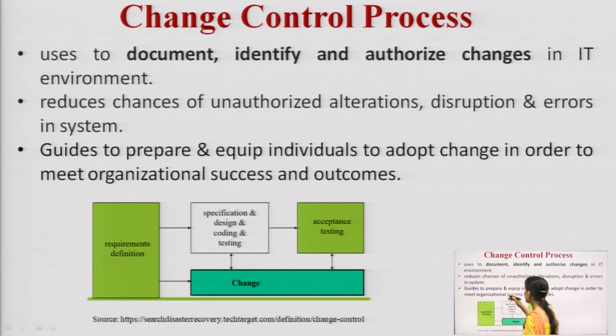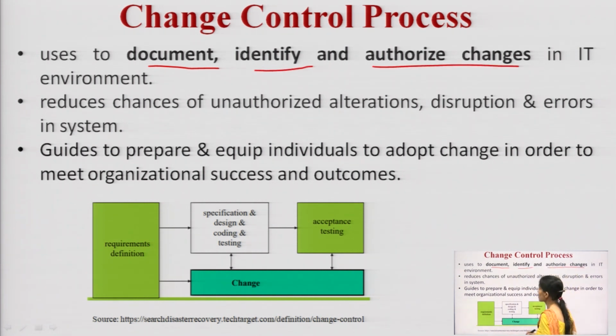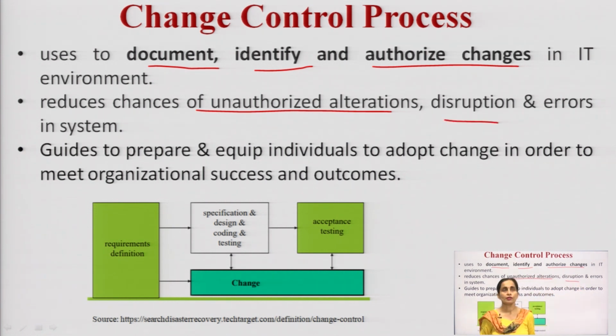This process is used to document, to identify and to authorize the different changes in our IT sector. This change control process reduces the chances of unauthorized alterations, unauthorized disruptions or some errors that can come inside the system. Those unauthorized alterations, means runtime changes by unauthorized persons, should not be allowed.